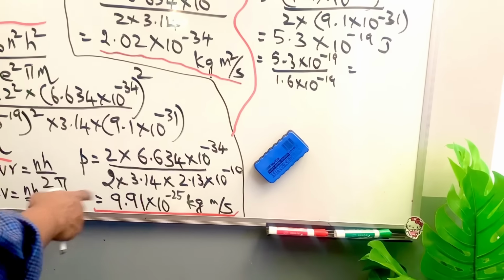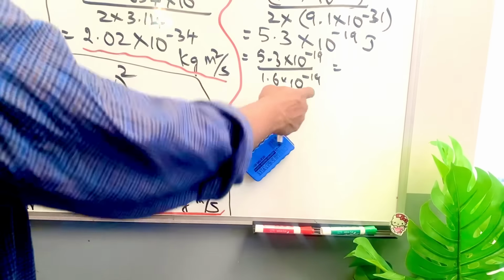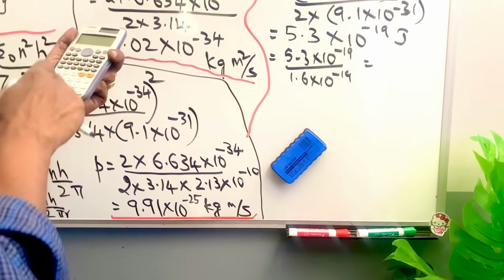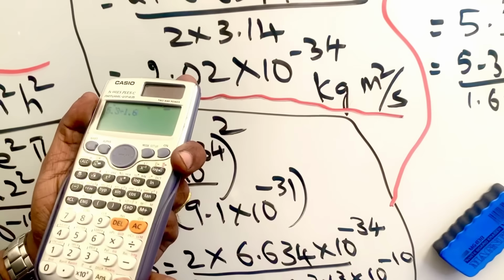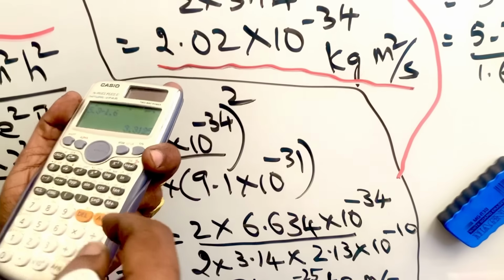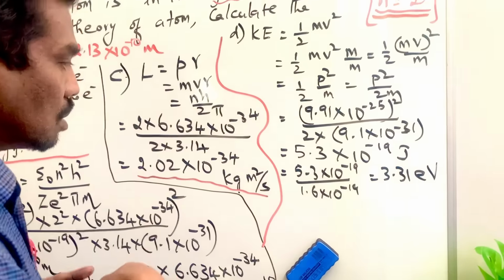This is the charge, which we use somewhere, 1.6 times 10 to the power negative 19. So we will get the answer 5.3 divided by 1.6 equals 3.31 electron volt. That is the kinetic energy.